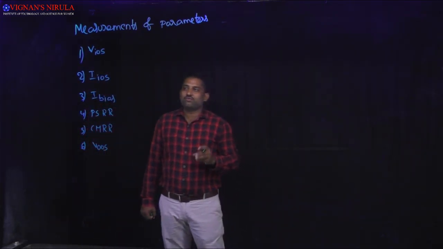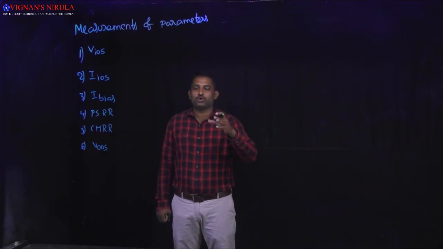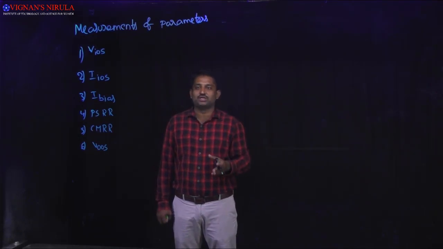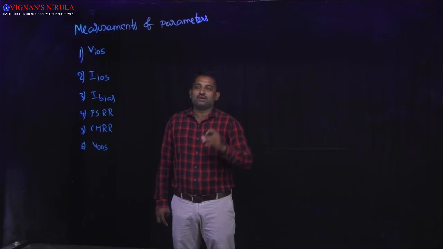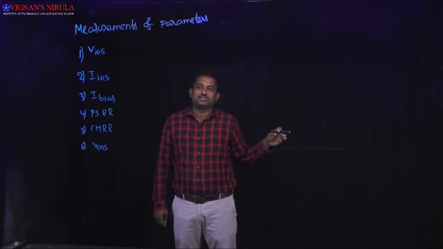Coming to the first case, input offset voltage. Before going to measure it, first I am going to tell you the definition. What is input offset voltage? When both the input terminals of an op amp are connected to ground, obviously we should get the output as 0.